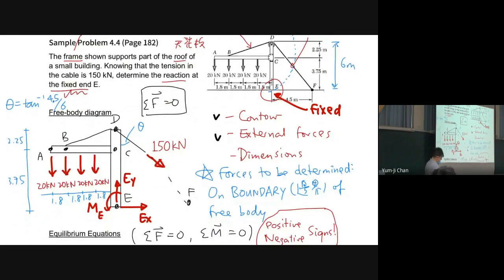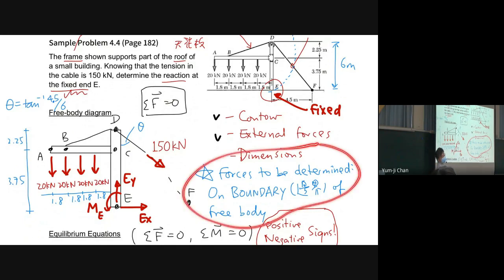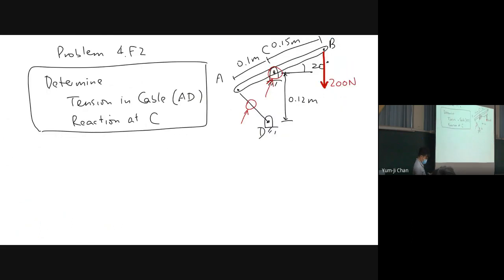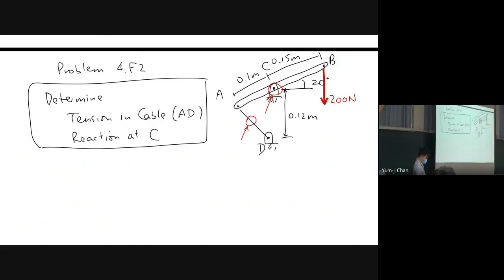Here, the forces we need to determine need to be on the boundary of the free body, okay? That means the boundary of our free body needs to be here and here, okay?